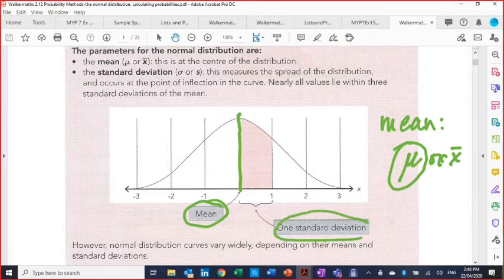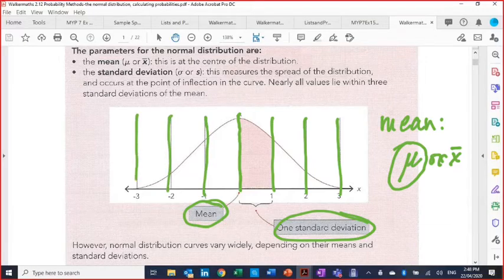You're also going to see that each of the sections of the curve is divided into equal parts. And those equal parts are called standard deviations. Standard because they're all exactly the same width, and deviation simply means how far something is separated.